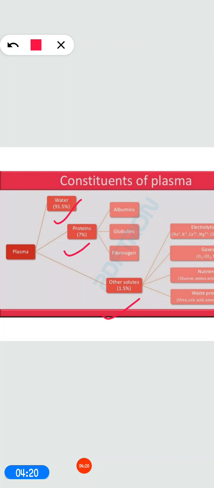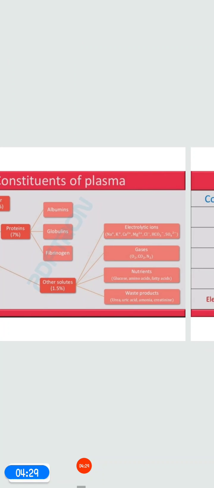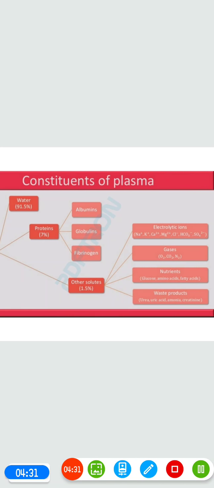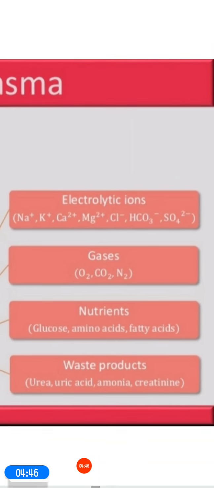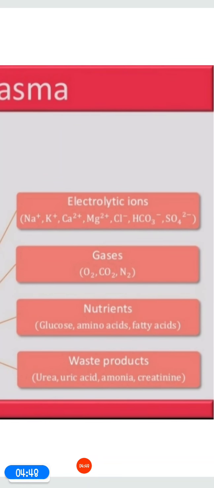The proteins are albumins, globulins, and fibrinogen, and the other solutes are electrolyte ions, gases, nutrients, and waste products. Electrolyte ions are sodium, potassium, calcium, magnesium, chlorine, etc. Gases are O2, CO2, and N2.